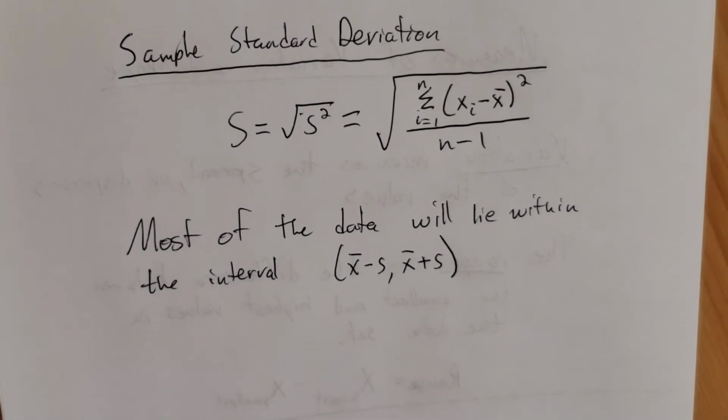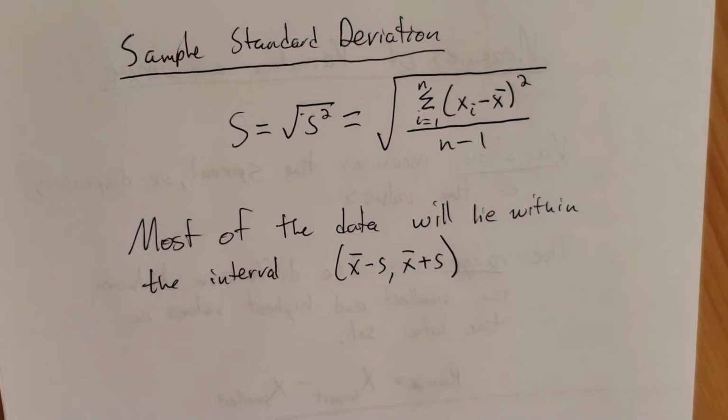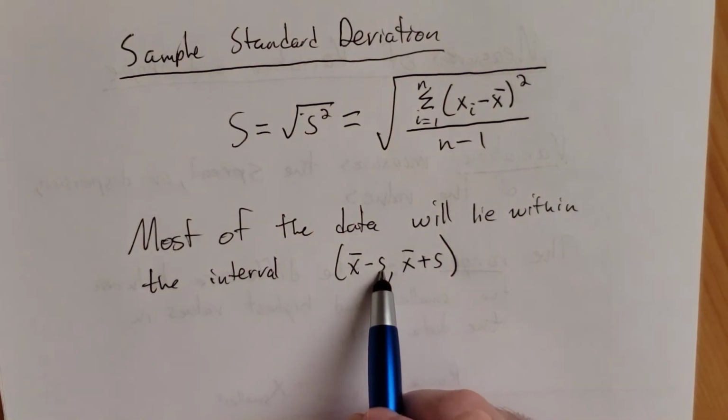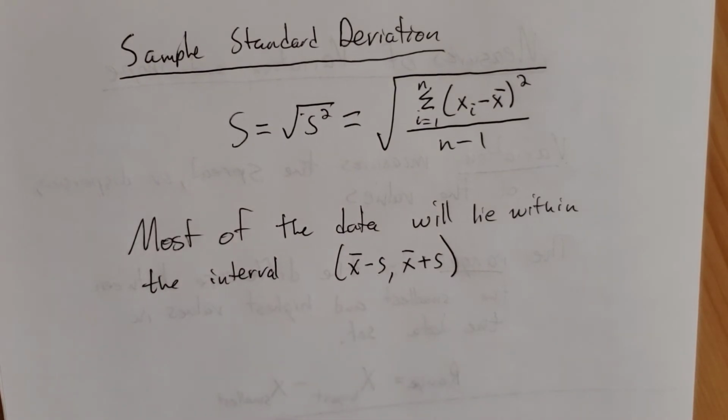In other words, most of the data lies within one standard deviation of the mean. And again, what is this telling us? This tells us essentially how spread out the data is. The standard deviation gives us a measure of how spread out the data is.